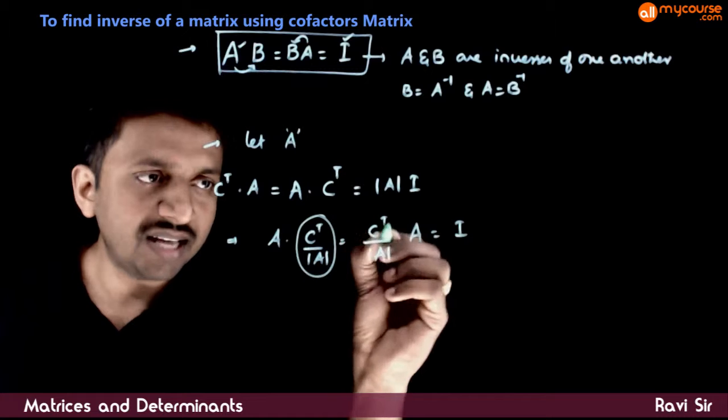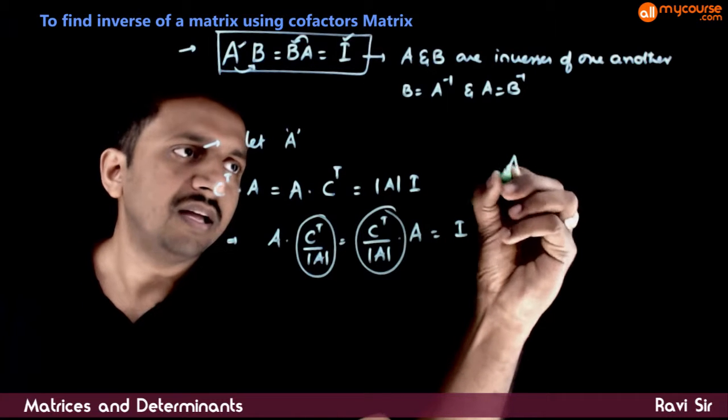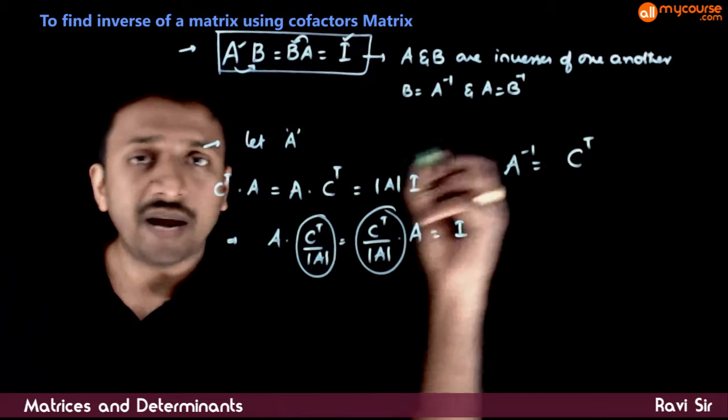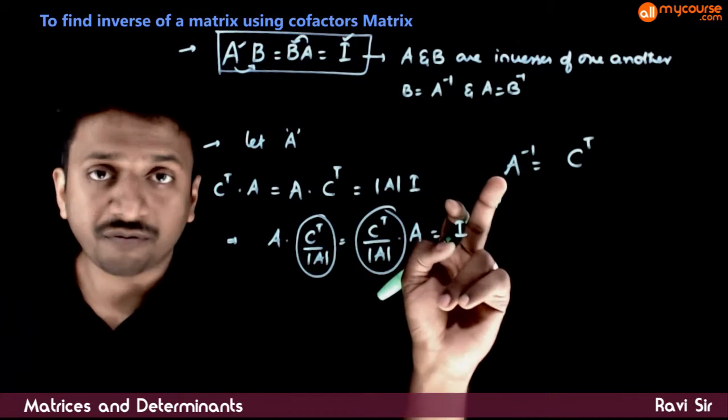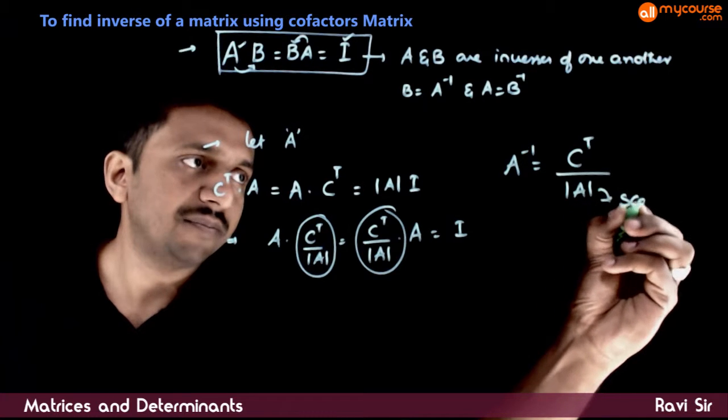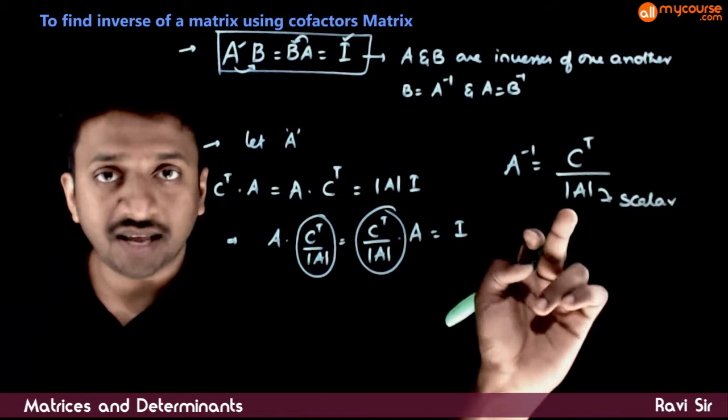So what is the inverse of A? A inverse is nothing but the cofactors matrix transpose of matrix A divided by det A. This is a scalar. Det A is a number.